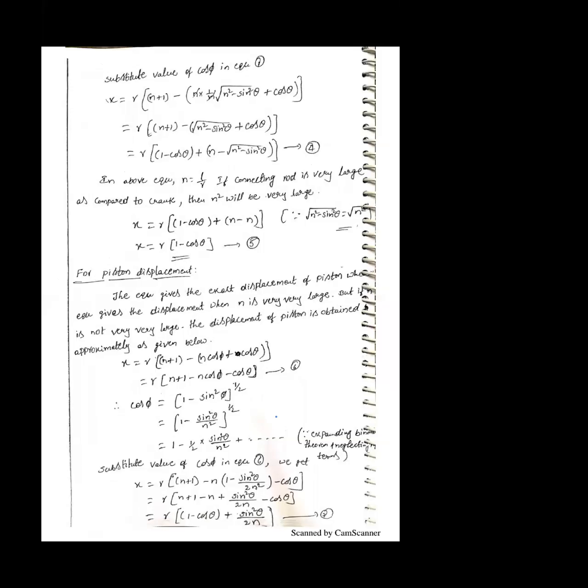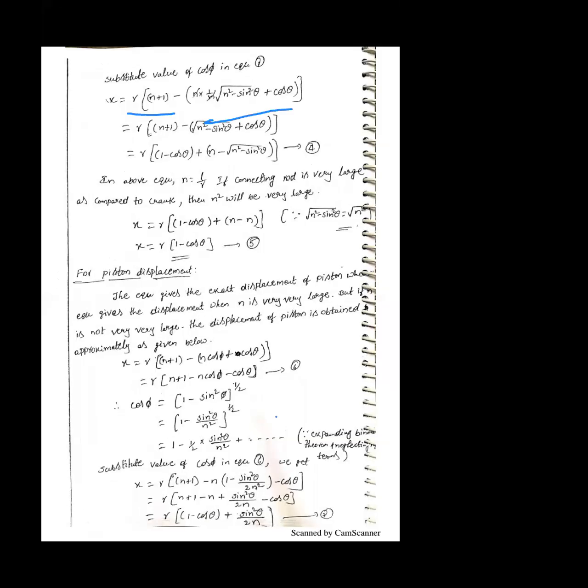When we substituted that, x equals r into n plus 1 minus n into cos pi, with cos pi replaced by 1 by n into square root of n square minus sin square theta, plus cos theta.